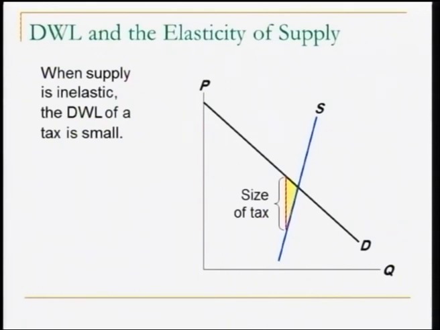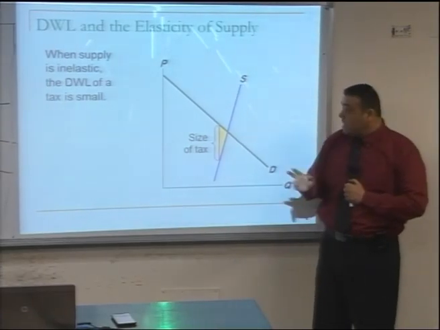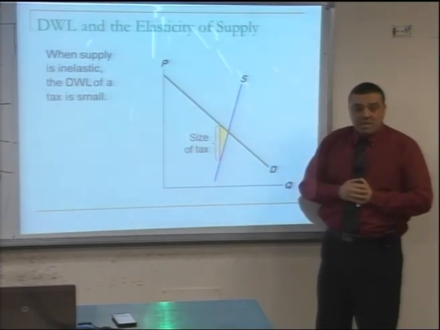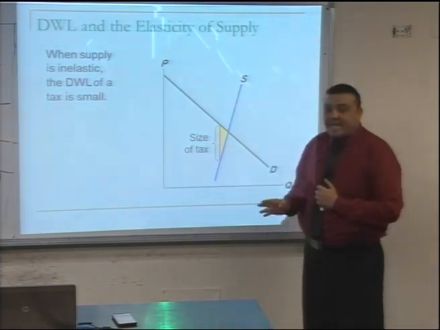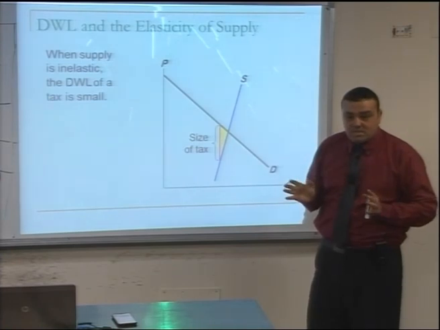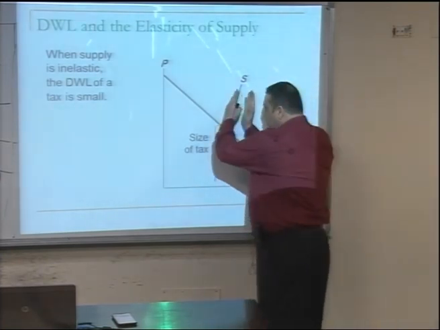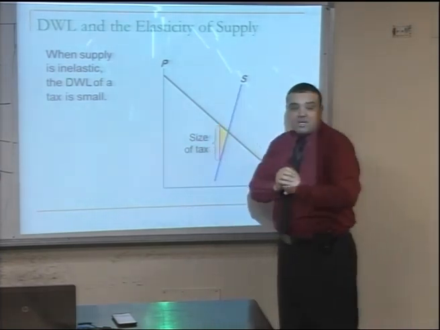As you see, we will assume that the demand curve is neutral, and we will change the slope of the supply curve, or the elasticity of supply. As you see in this graph, supply is inelastic. It's close to the vertical axis, so it should be inelastic.